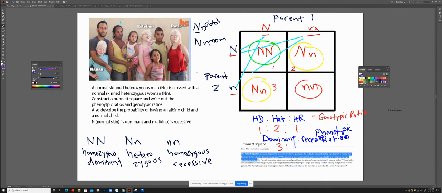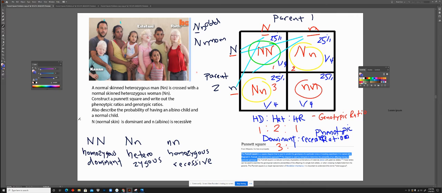Probability. It's going to ask you what are the chances. So you can think of each square as 25%, or 1/4. So you've got to know math for this unit.